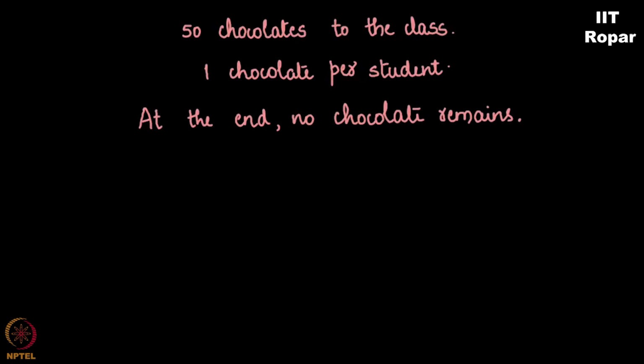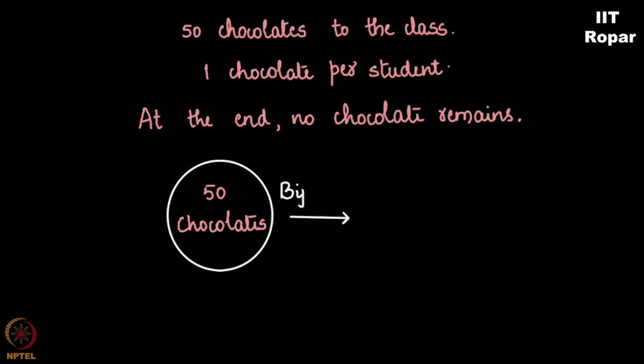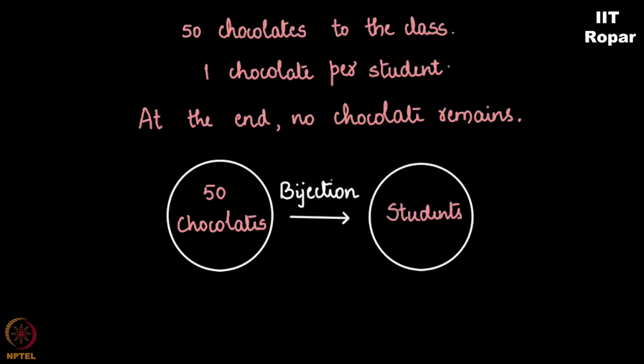I repeat, every student gets a chocolate, no chocolates are left over. I entered the class with 50 chocolates, which means I'm creating a bijection from 50 chocolates to the students here, right? 1 goes to 1 and nothing is left empty. So I'm giving a bijection here, which means the number of students in my class should be precisely 50.